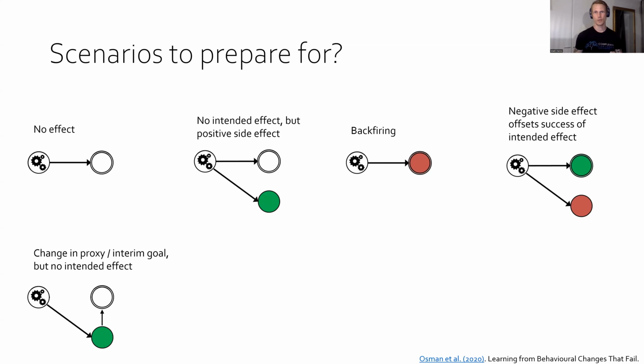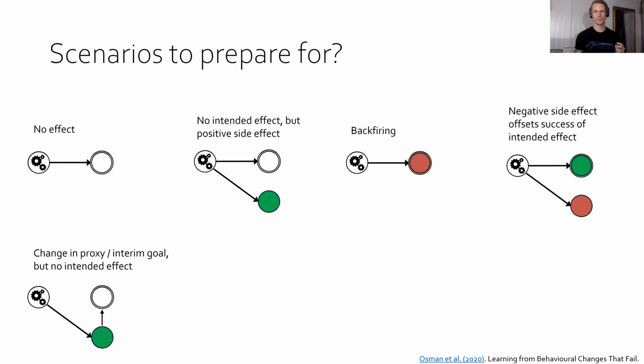So you think, okay, I'll just measure the attitudes for now. So you might end up with a change in the attitudes, but not the behaviors. And the behaviors is what you actually care about.